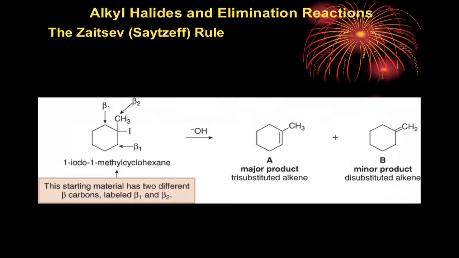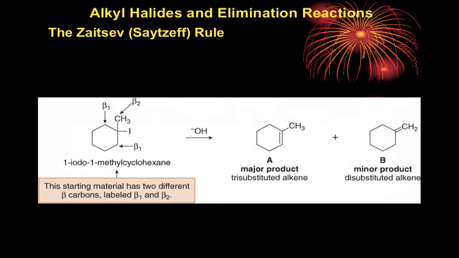But we could also have a situation where the base may abstract a hydrogen from beta 2 and end up with the disubstituted alkene. What's more stable, a trisubstituted alkene or a disubstituted alkene? Tri. And so this is actually the major product of the reaction, okay? And so we say that this is a Zaitsev alkene because it's actually the more substituted that is formed, okay?